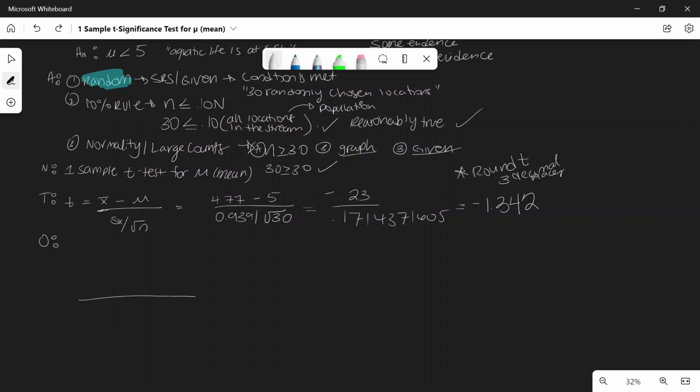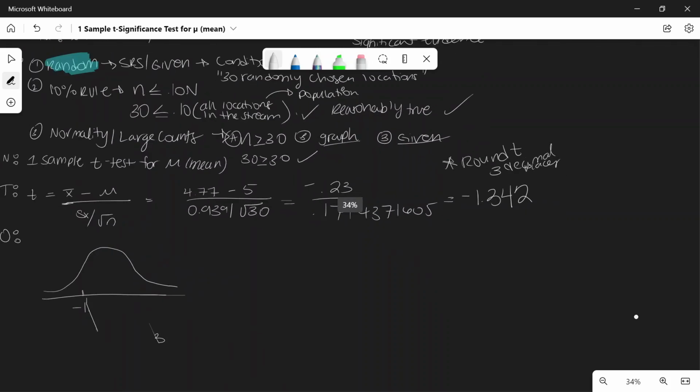Actually, if you were to draw a picture, you would find where this is. Oh my god, what is happening? And I think what we're trying to find is less than this. So basically the probability that t is a t. Let's see, hold on.